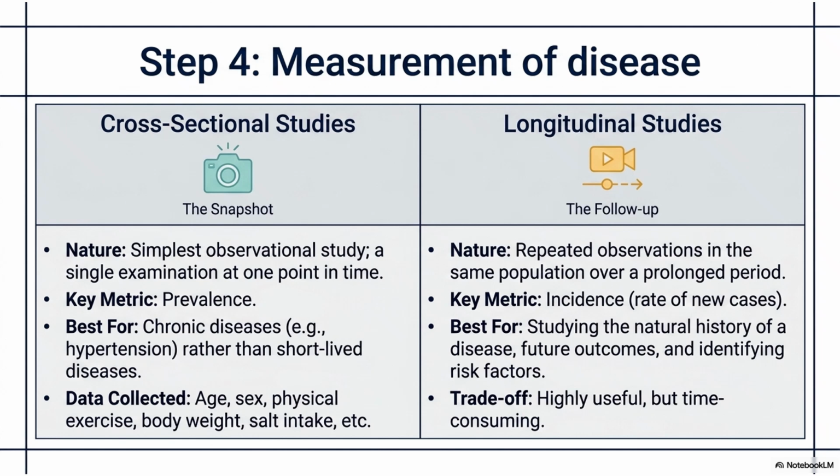In the starting example, we said that an unknown disease outbreak happened in community A. There we will go only once and collect the data. It is the simplest observational study, a single examination at one point of time. With the help of that, we will know the prevalence of that particular unknown disease. Prevalence means the total number of cases divided by the population at risk, multiplied by 1000.